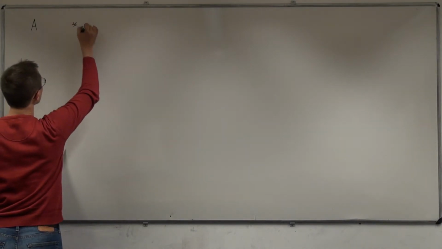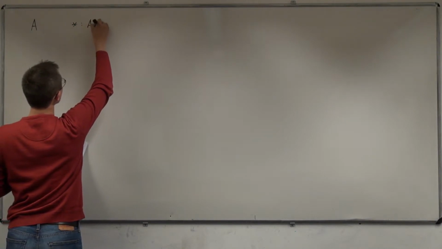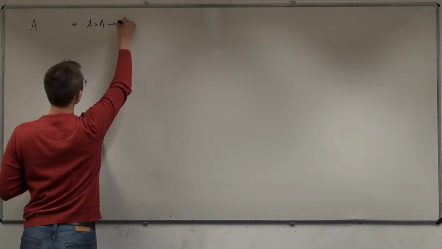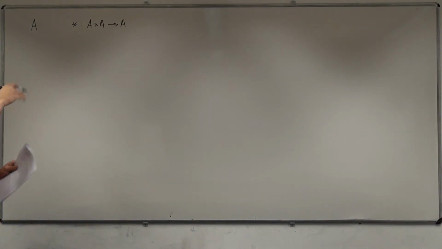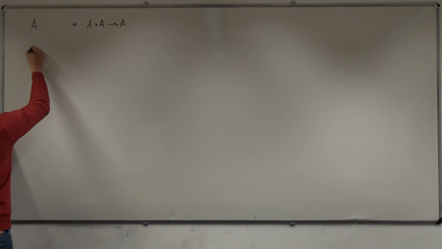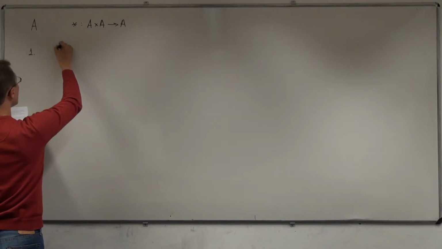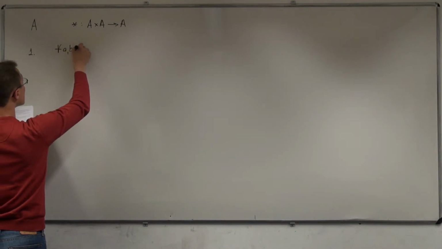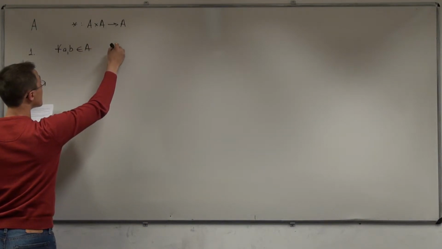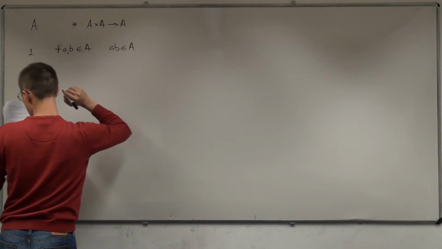So, if we have a set A, which is a space, and we additionally define a product on it that takes A cross A into A, so pairwise matrix product in our case, and the following conditions hold, so it needs to be closed under it, so for any A and B in A, the product belongs to A.